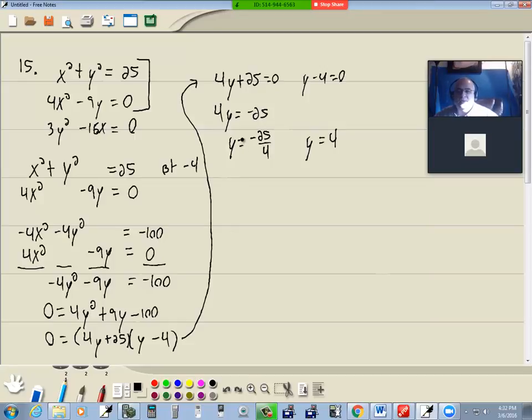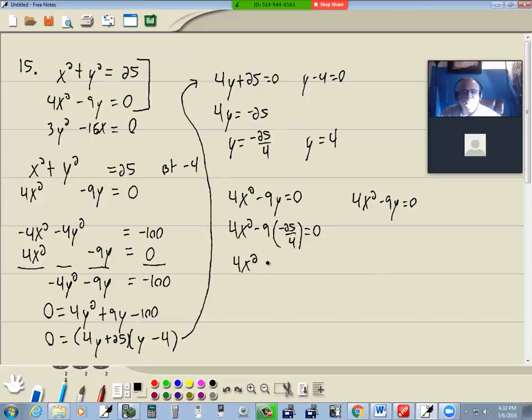Now we want to take those values and plug them into one of the equations. Usually the one that's best is the one with the smallest powers, like the 4x squared minus 9y equals 0. So if we plug in negative 25 fourths, we're going to have 4x squared minus 9 times negative 25 over 4 equals 0.